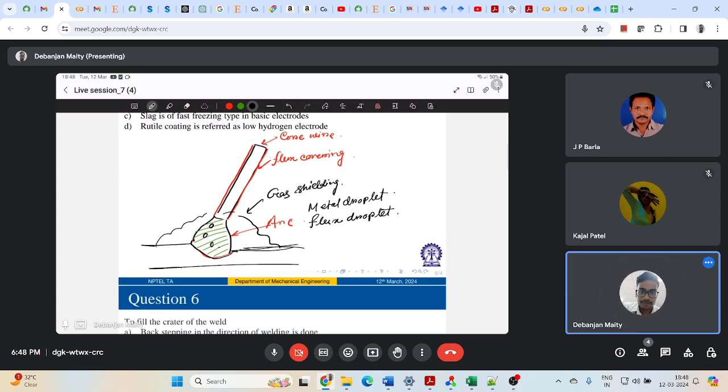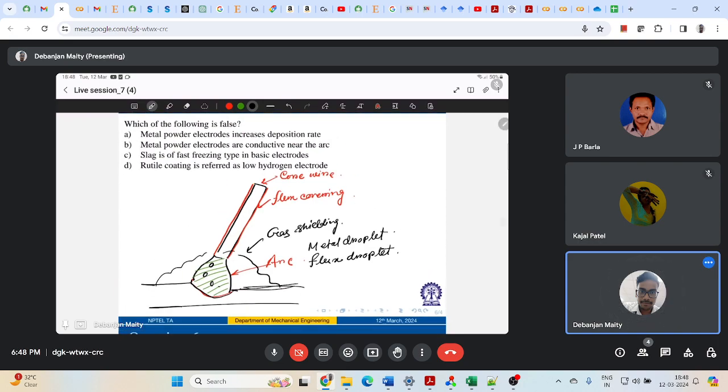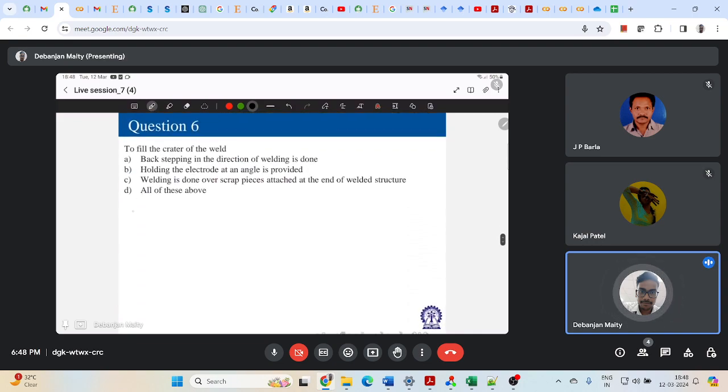So then comes the picture of different kinds of electrodes. We have covered the cellulose electrodes, then rutile electrodes, then basic electrodes, then metal powder electrodes.